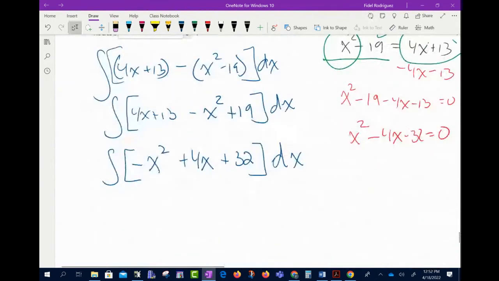All right, so we need to finish solving this. We can factor this. Remember what we're looking for: two numbers that multiply to negative 32 and add up to negative 4. Positive 4, negative 8.